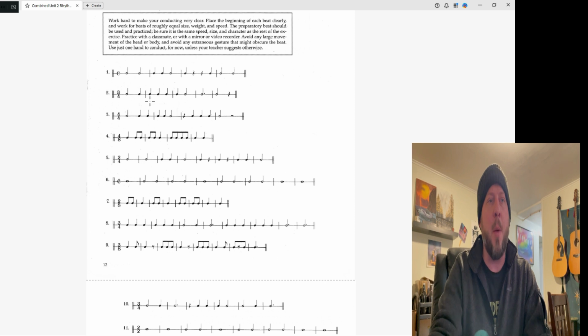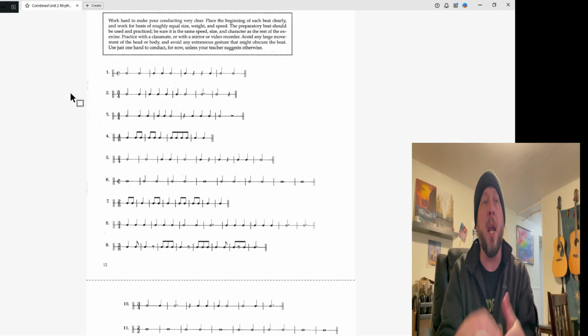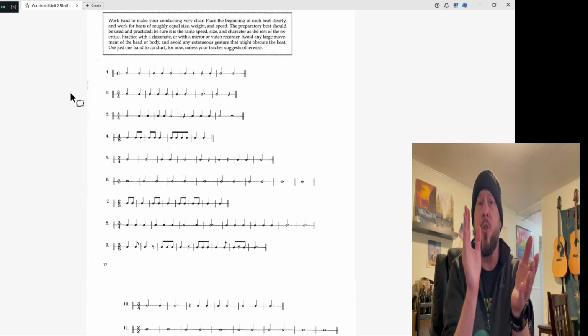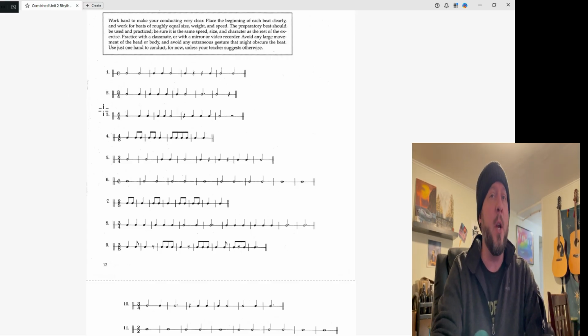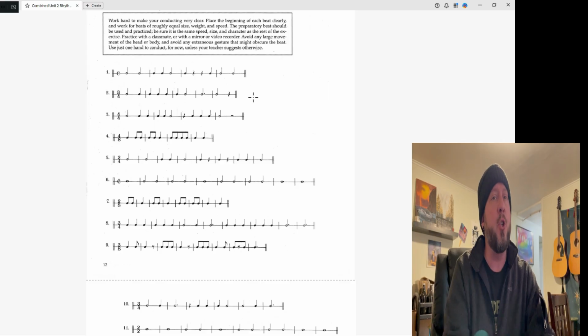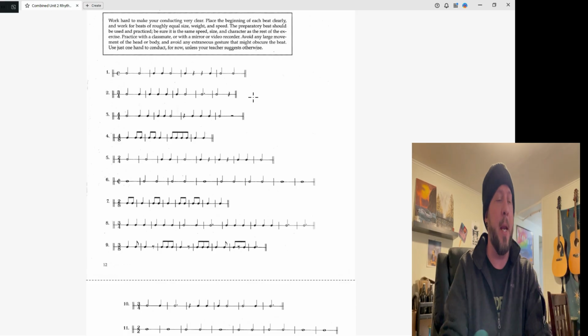I'm going to clap the first 2 measures so we can see what I'm talking about. It'd be 1, 2, 3, 1, 2, 3. That's the first 2 measures, so that would be the rhythm section there. I'm going to show it to you on the piano as well, so you can see how it would be done on our instrument.